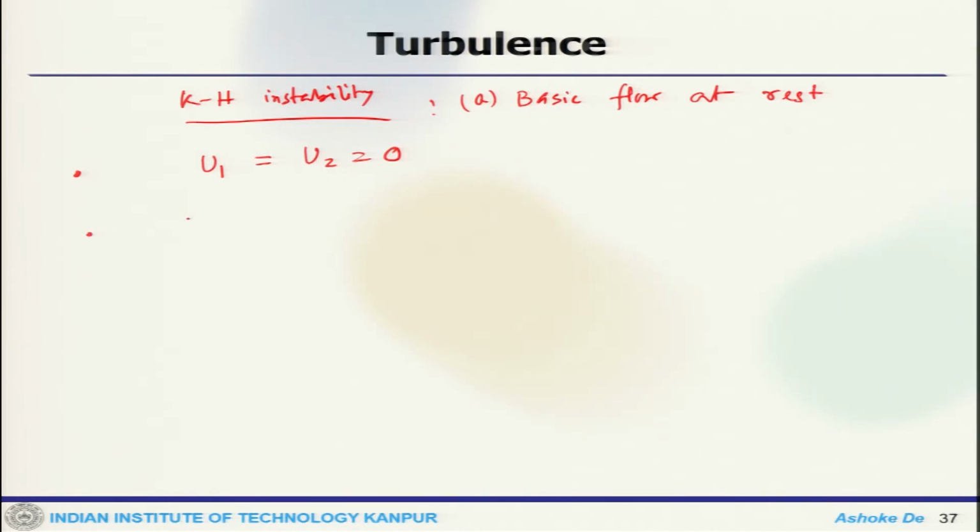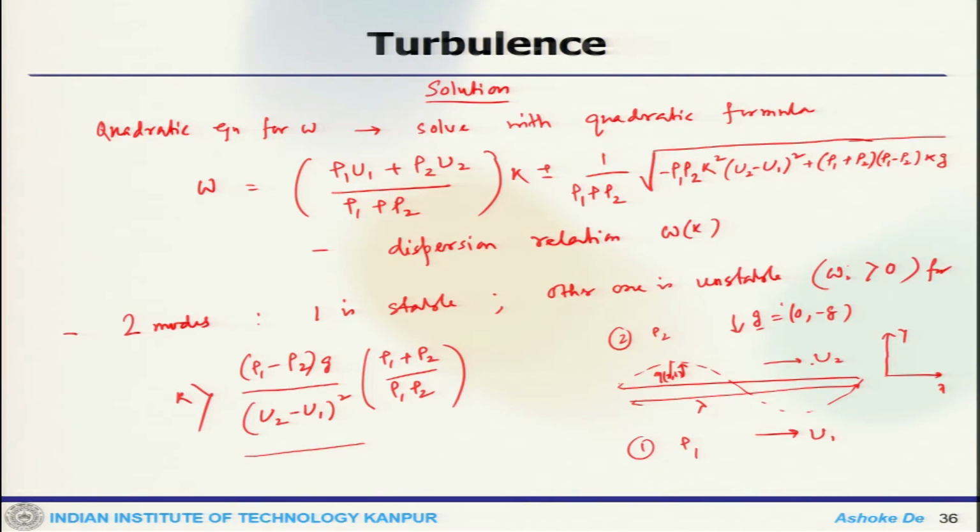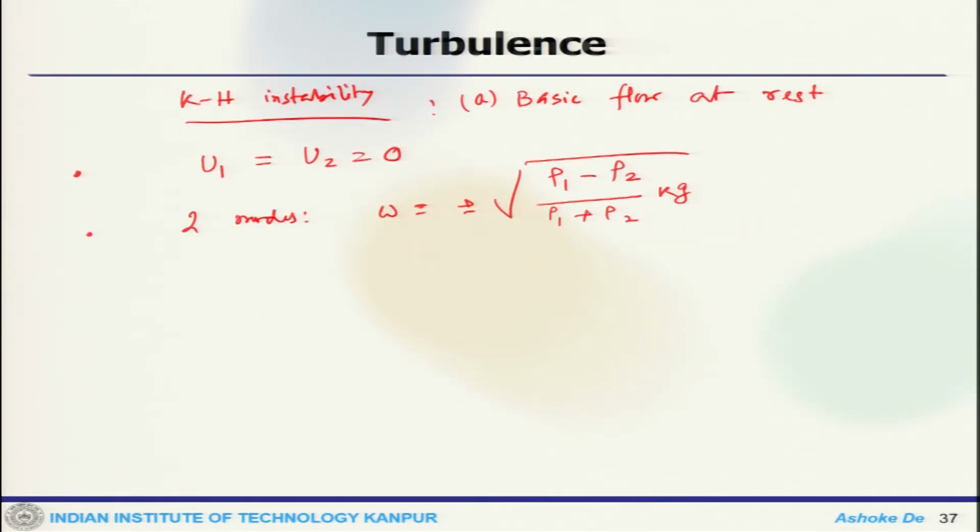So, the two modes that we will get would be omega equals plus minus the square root of (rho 1 minus rho 2) by (rho 1 plus rho 2) k g. So, if you look at this picture where these are the basic flows and they are at rest, then we get these two modes.